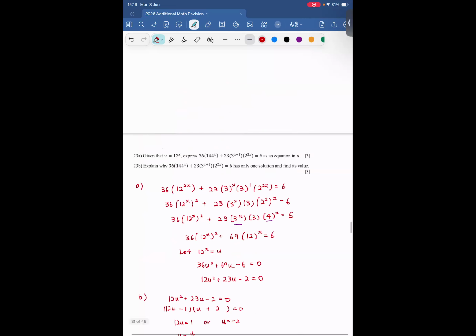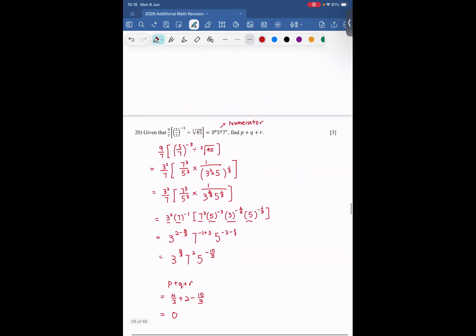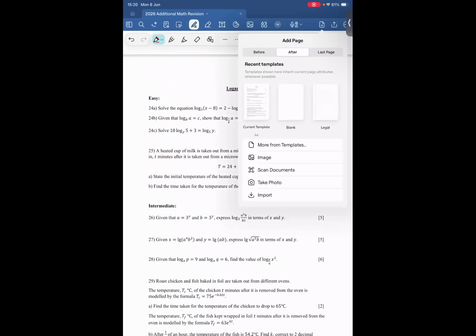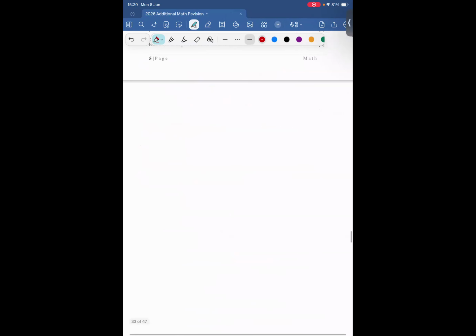Let's move on to logarithm. Of logarithm, what do we have? Your most important law, log base A of B equal to C, B equal to A power C. Okay, this is one of the laws that helps you remove your log.